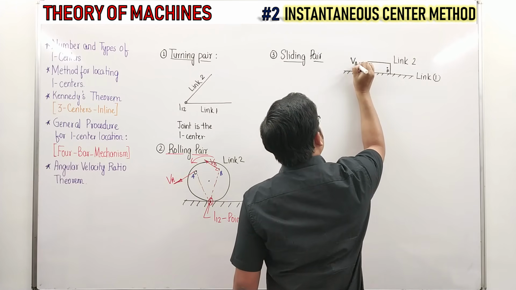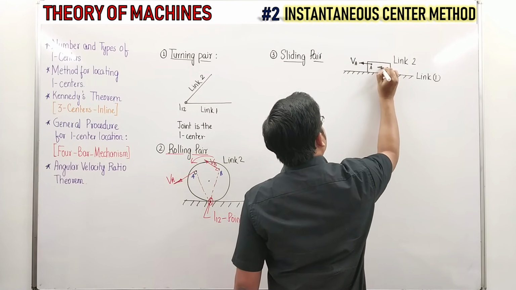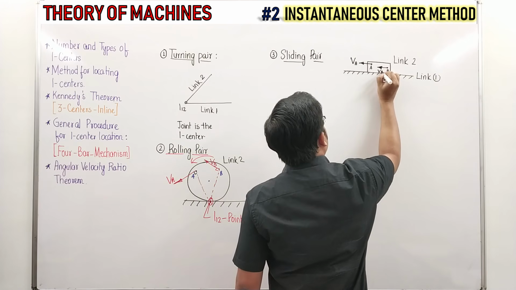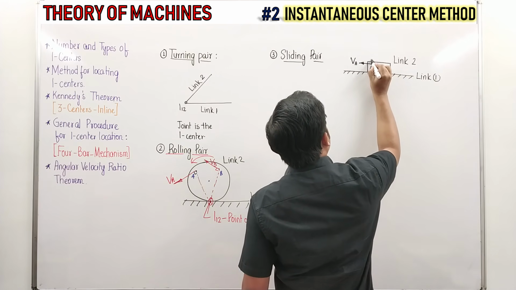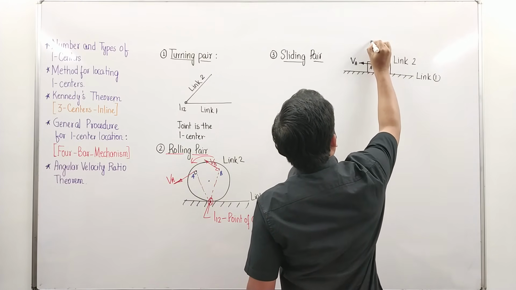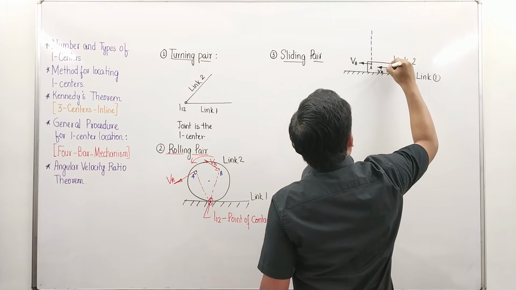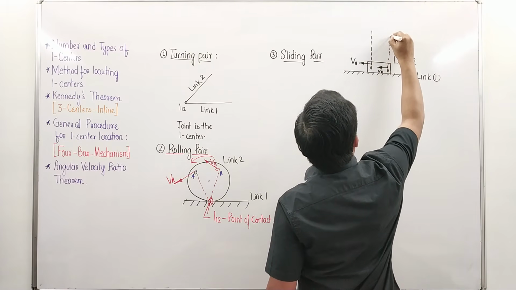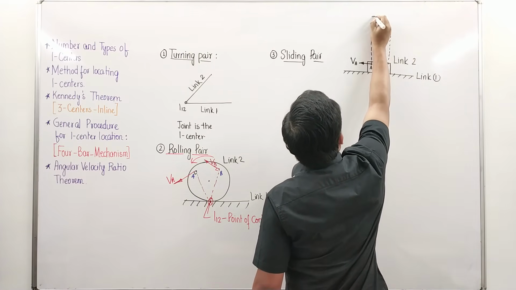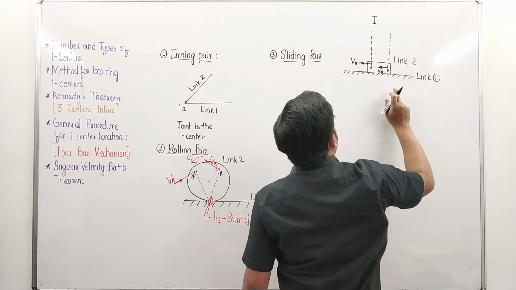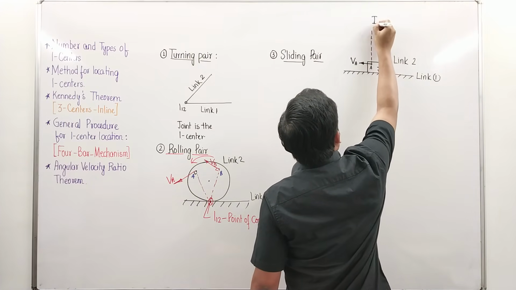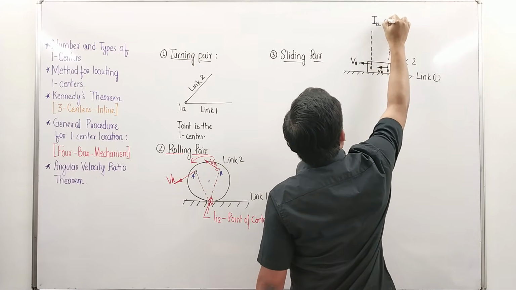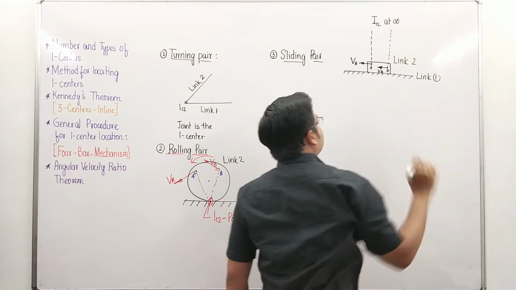This is going to be called VA, and this is going to be called VB. If you try to draw a perpendicular to this, it would be something like this, and a perpendicular to B, it would be something like this. So what you have to say is that the instantaneous center of link 1, 2, I12 is at infinity.